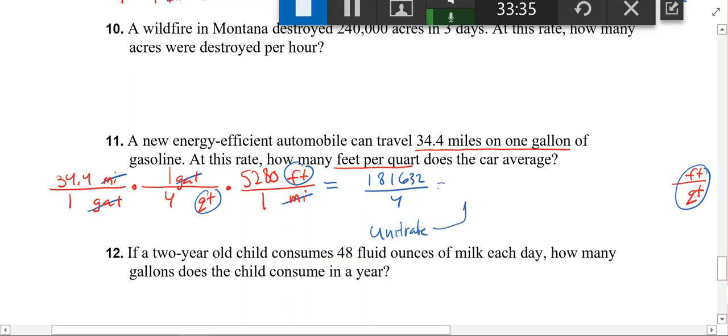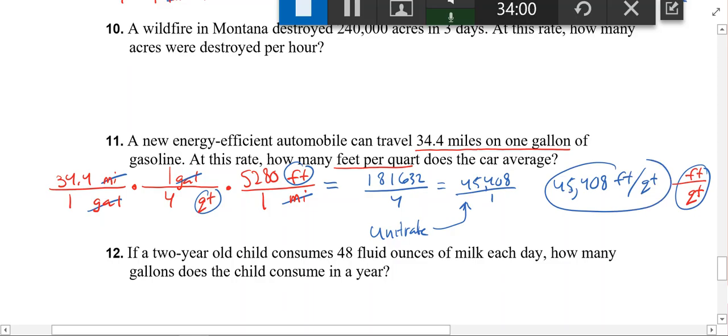And it's going to be 45,408 over 1. And so our answer is 45,408 feet per quart. And again, on Google Forms, you would only put this number down, don't put the labeling.